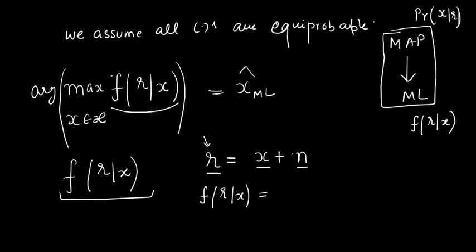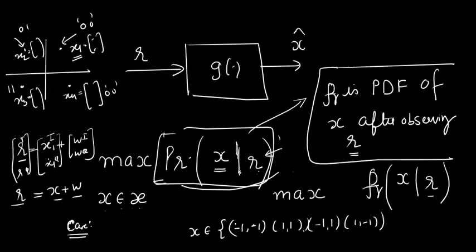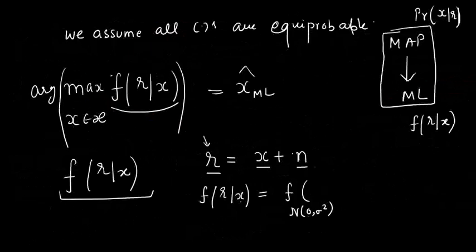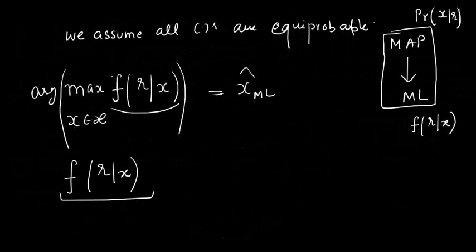What is the PDF of R given X? So I will just write: it is the PDF of noise, which has mean zero and variance sigma square. We already know it. Okay, let's do it separately.